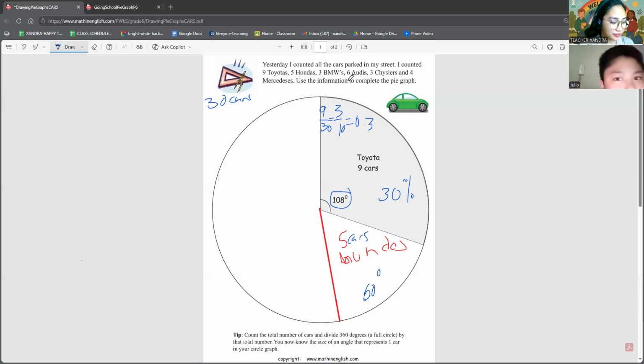Also, teacher, I think I did it like this, except it was not showing the degrees, the percentage, and it didn't show the number of Toyotas. It just said Toyota. Okay, BMW, 3 BMWs. Decimal, fraction, percentage, and the degree.